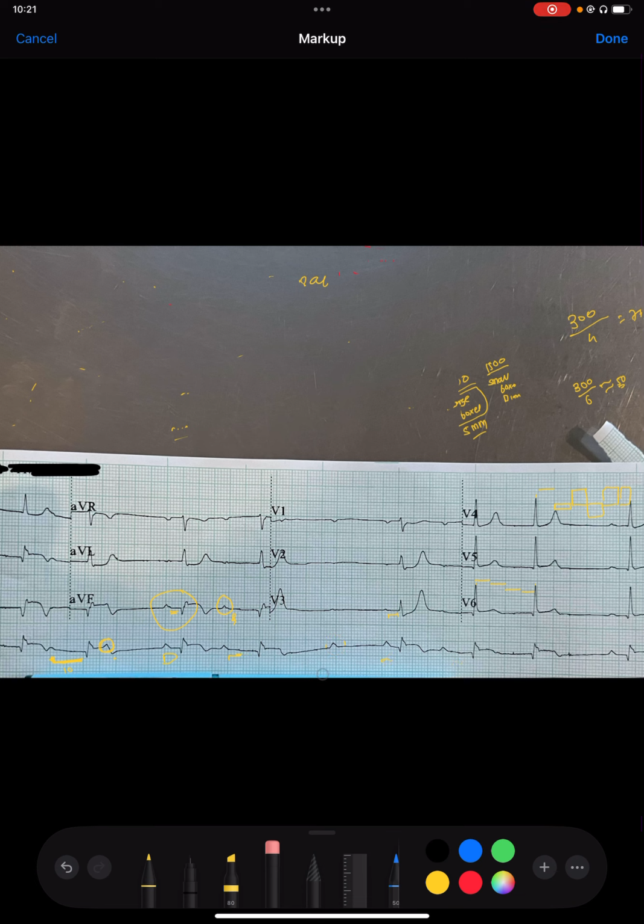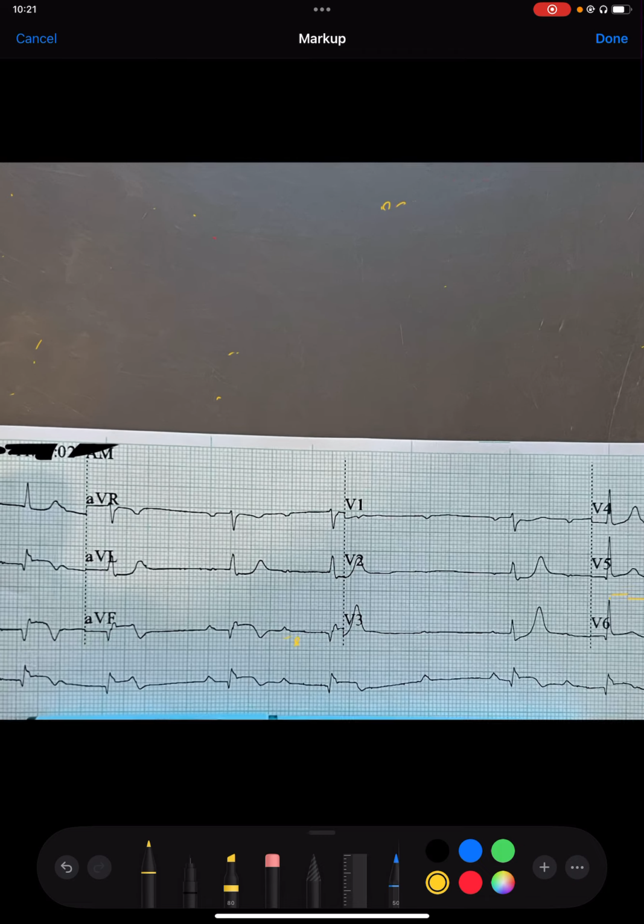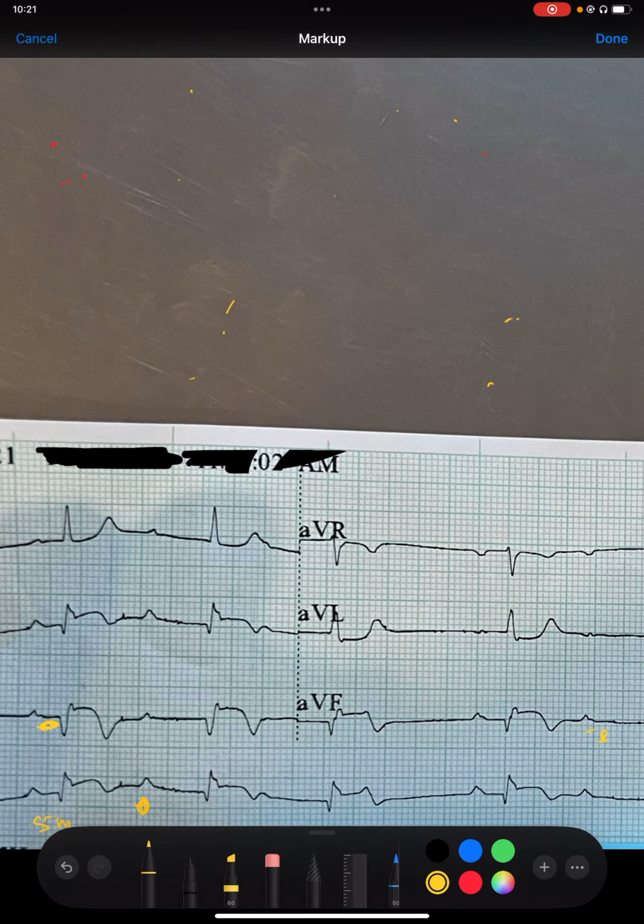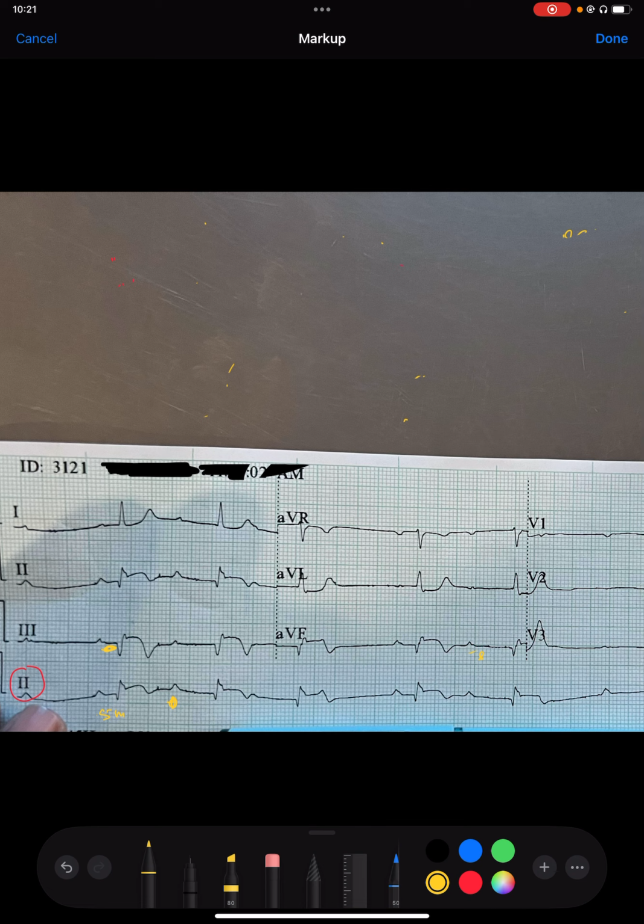Now to call it a complete heart block, it must fulfill the constant RR distance, constant AA distance, and there should not be any connection between atria and ventricle. So if you can see this distance, the PP distance, there is around one large box, two large boxes, and around three large boxes.